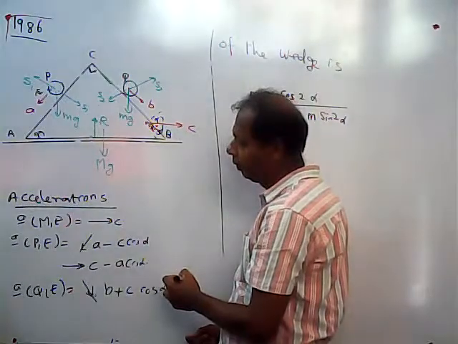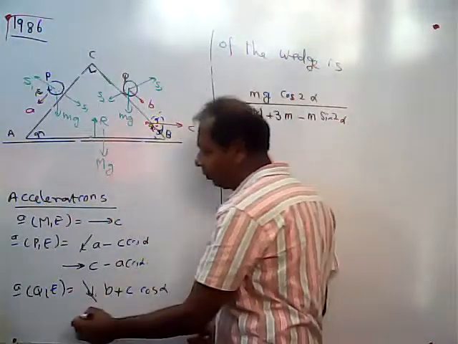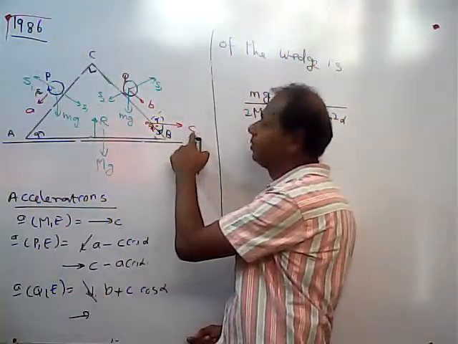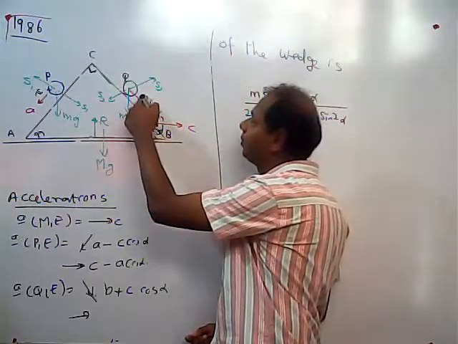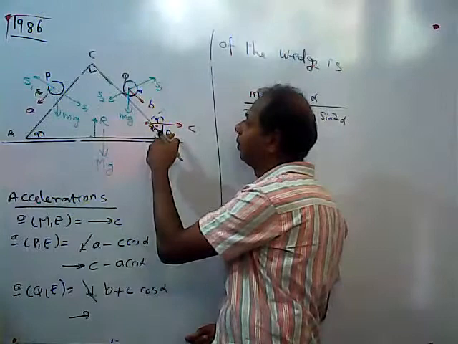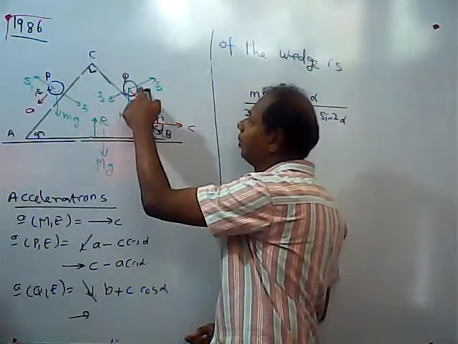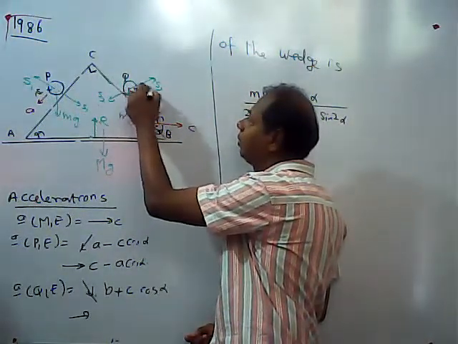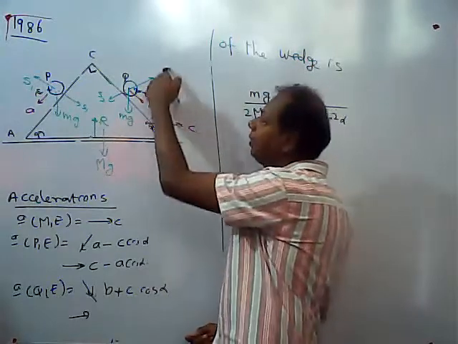Then horizontally it will be C plus B cos(90 minus alpha), so it will be C plus B sin alpha.